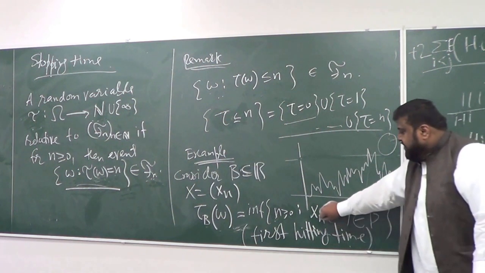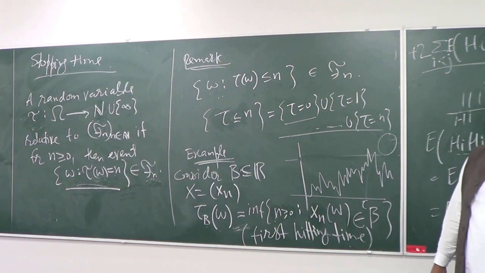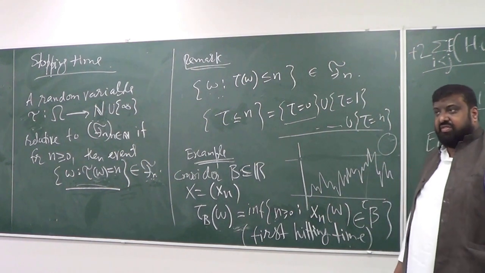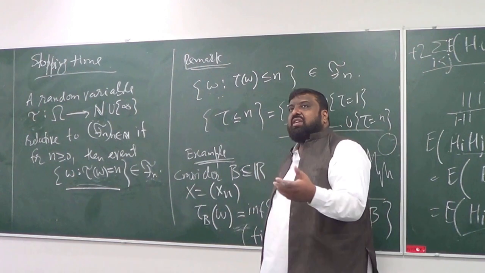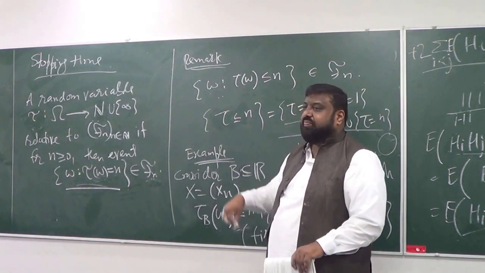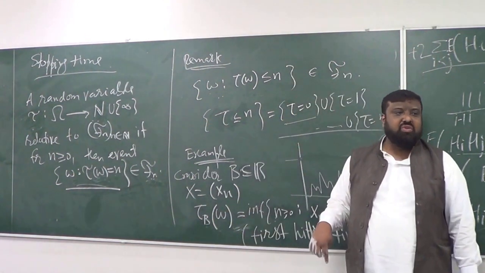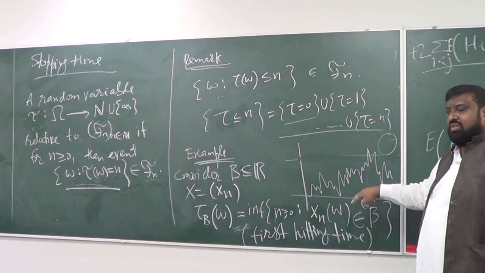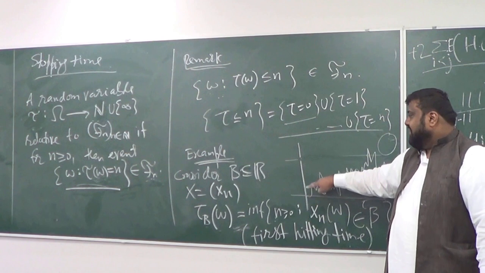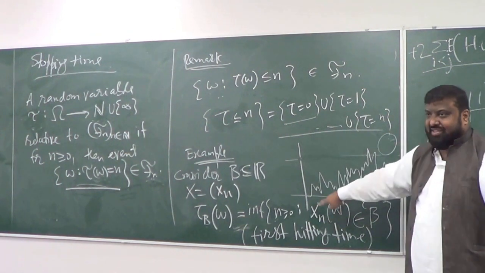By the way, what is the meaning of Xn of omega? When I'm writing an abstract process Xn, I'm not talking about one such path. I have zillions of paths basically.